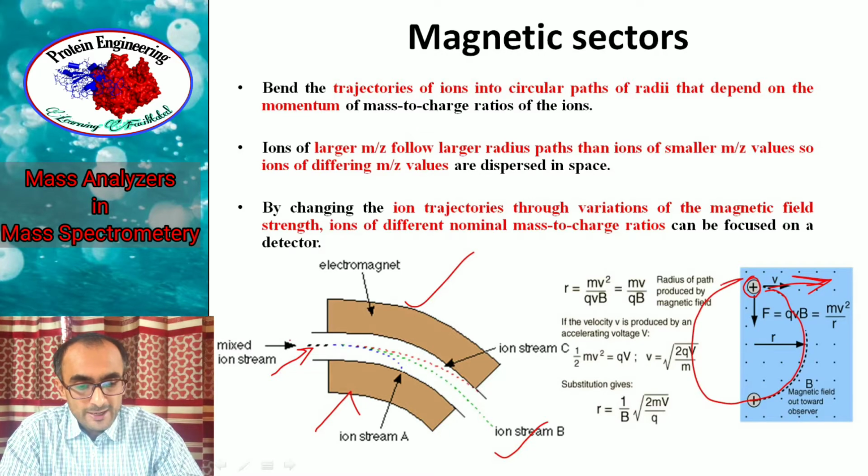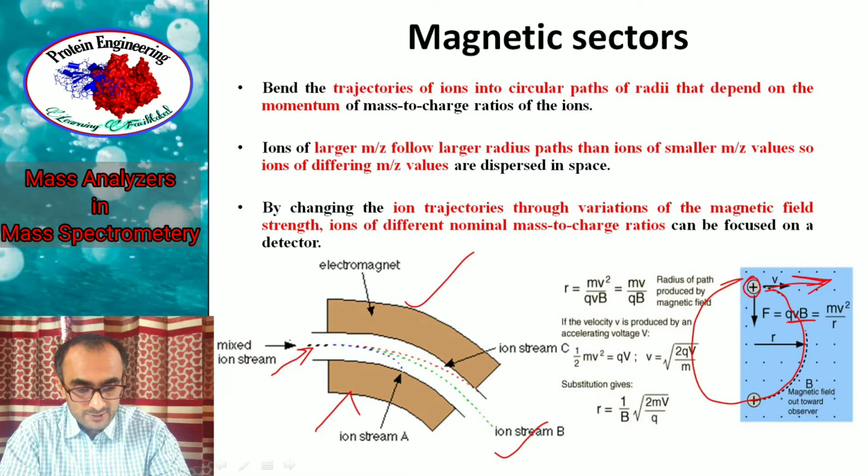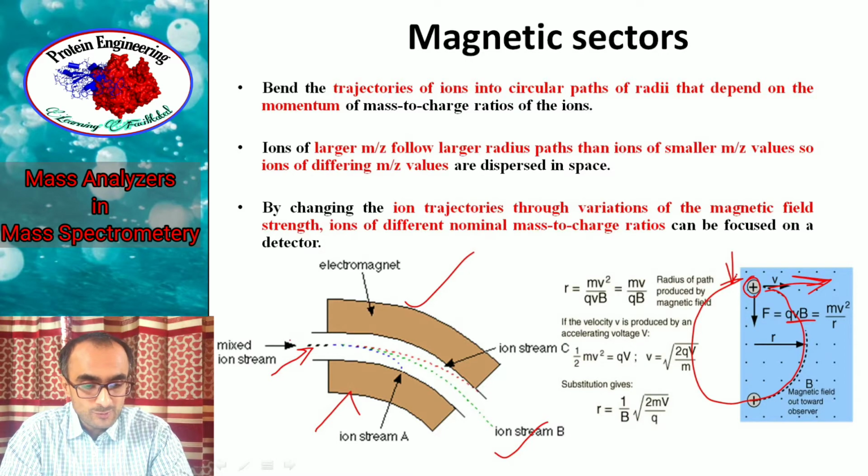The force applied on the ion under a magnetic field is equal to qvB sin theta. Sin theta would be 1 here, because the magnetic force is perpendicular to the movement of the ion. So qvB, and this force is converted into centripetal force, because the ion is acquiring a circular orbit.